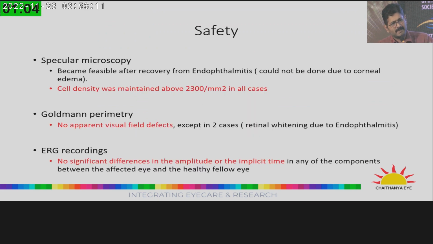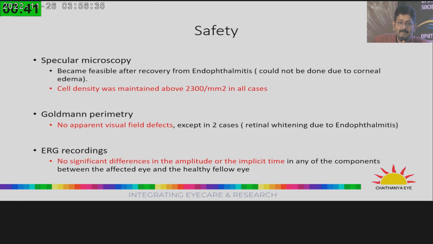Now, like I told before, even when I looked at the article, I was wondering how safe it could be in the eye. They at least documented that they had received approval from the ethics board. What they found was that even after all this, the cell density on specular microscopy was maintained at about 2,300 per square millimeter in all the cases.